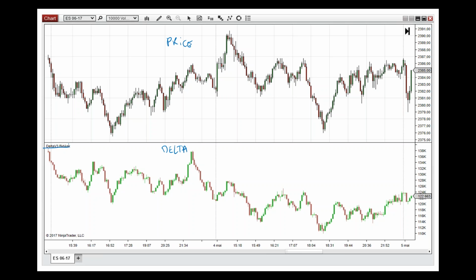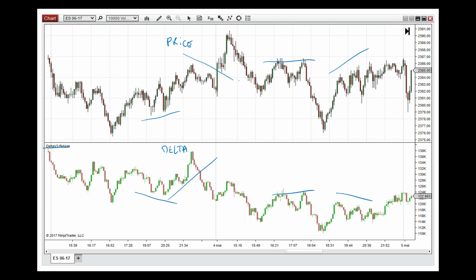Thank you, Sim22. The people that were analyzing the delta would do lots of analysis, lots of divergences, between here and here, and between here and here, and double tops here and here, and divergence between here and here, you see.